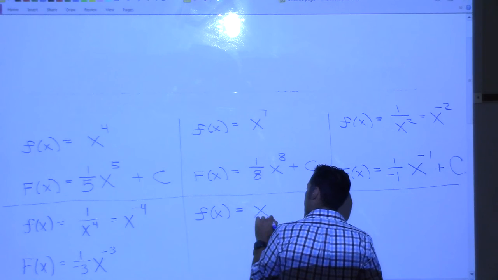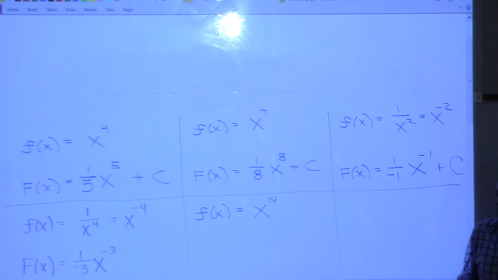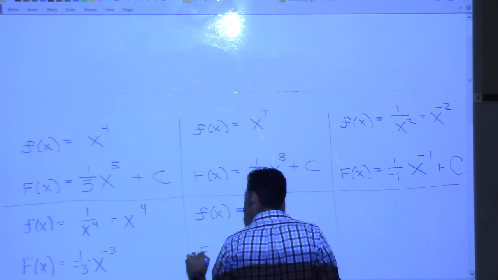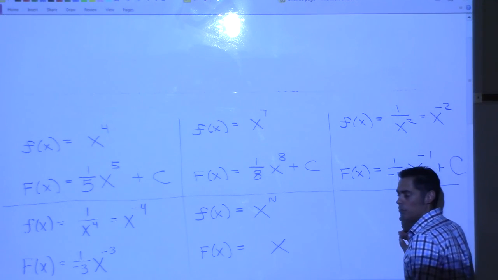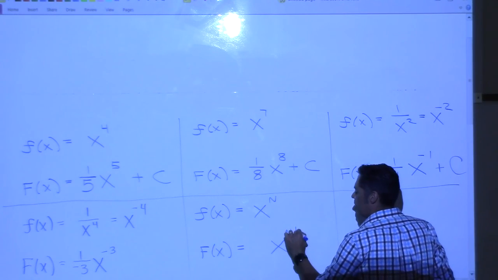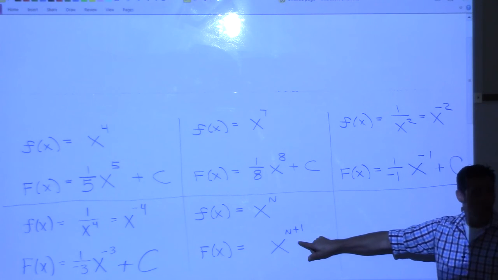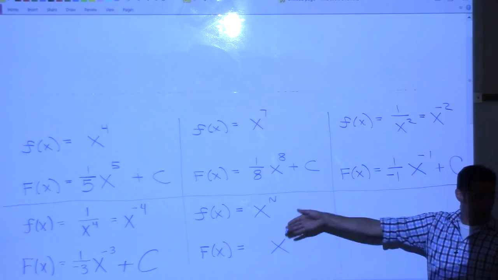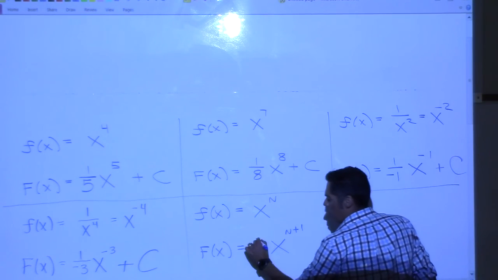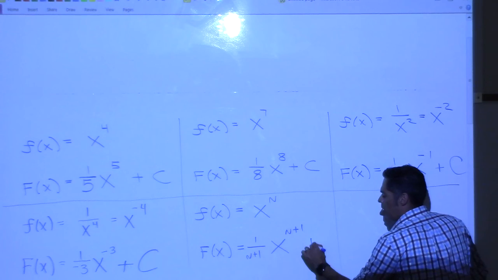If we have x to any power n, then the antiderivative should be x to what power? N plus 1. We're going to add 1 to the power, right? But then we need that to go away when it comes out. So I'm going to put 1 over n plus 1 out here, and then plus c.